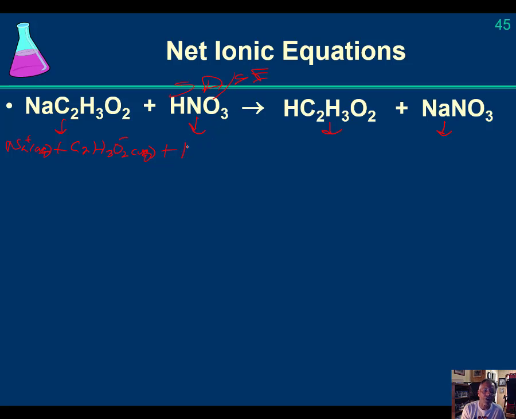So we'll dissociate that into H plus, aqueous, plus nitrate, aqueous. Then we've got acetic acid. This is a weak acid, and weak acids are weak electrolytes. That is why this is your driving force.